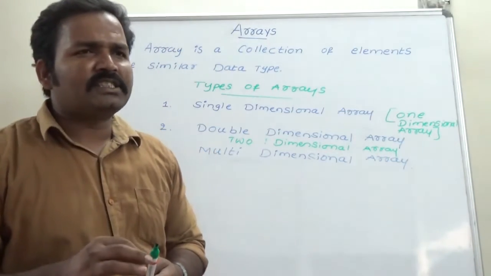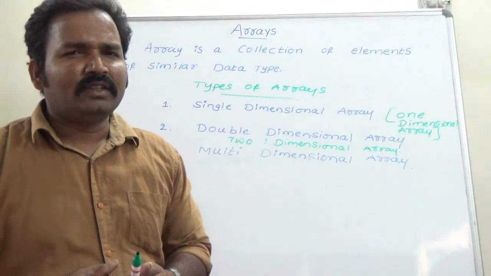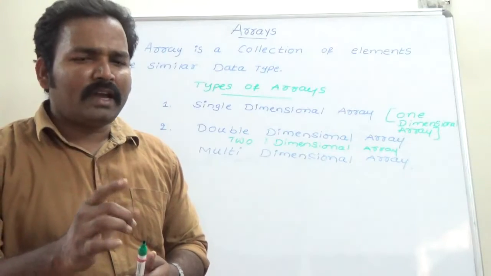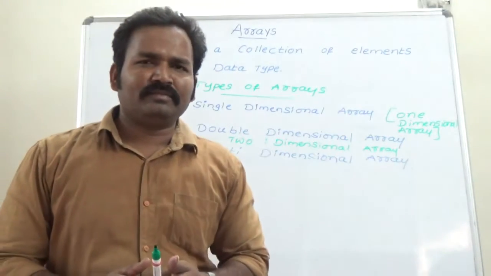A single dimensional array is an array that can be given one variable name and one subscript value.